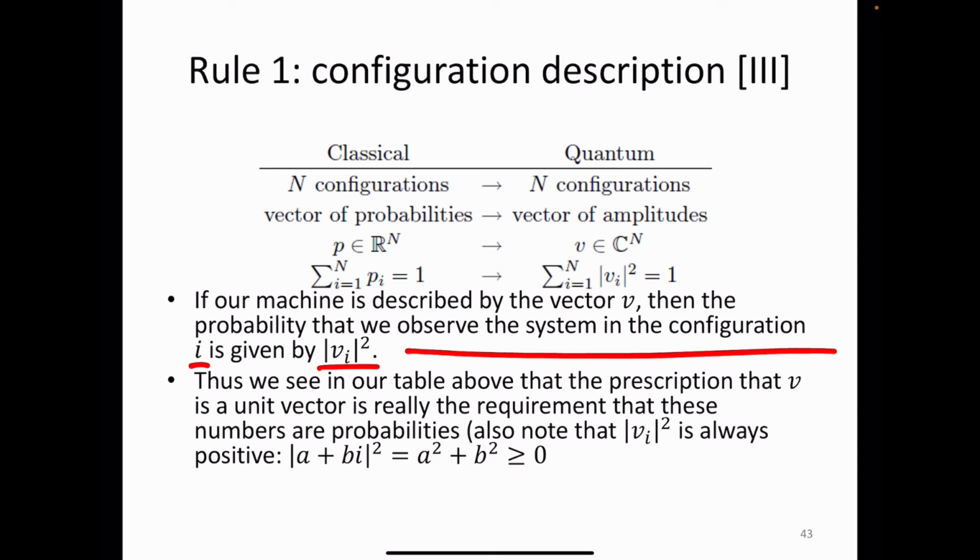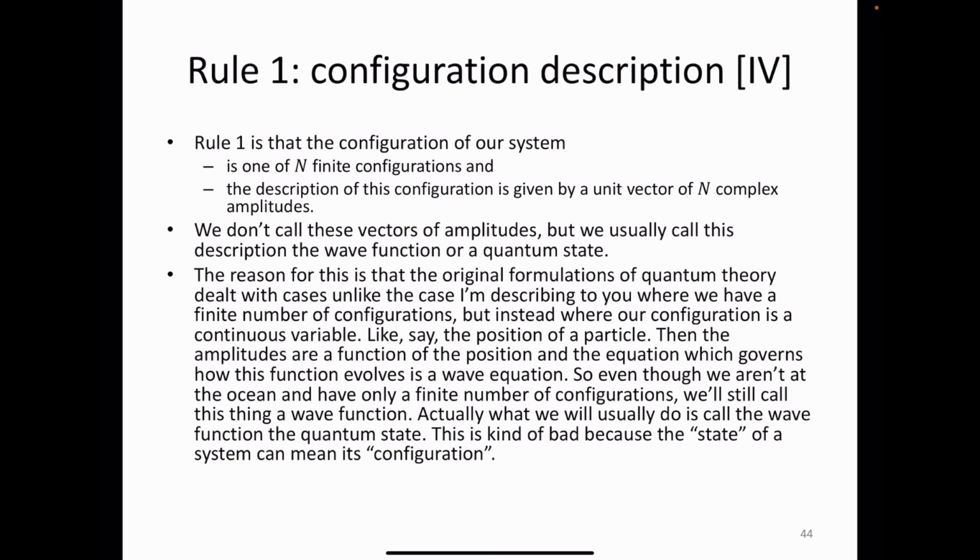So it's always positive, that's also important, and must sum to unity. So remember that one. Usually we don't call the vector with probability amplitudes the vector of amplitudes. We just call it the description of the wave function or a quantum state.